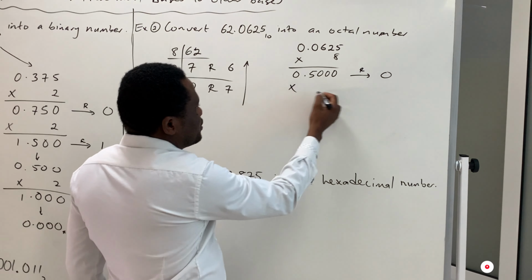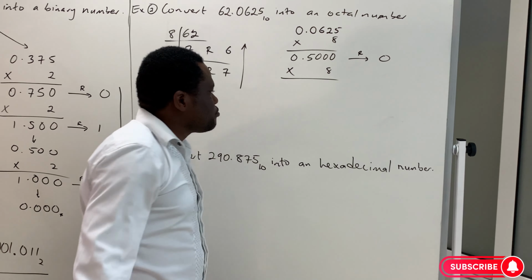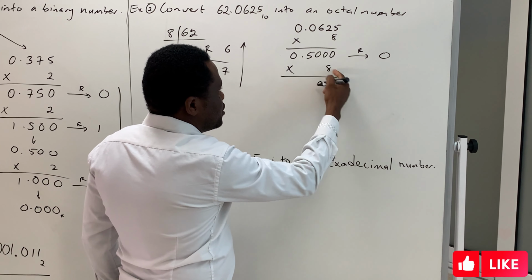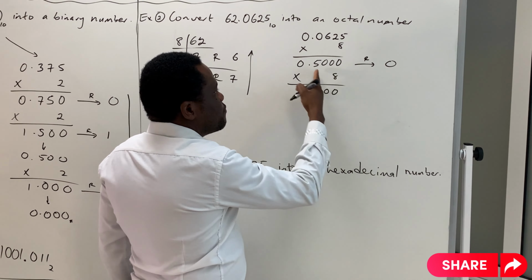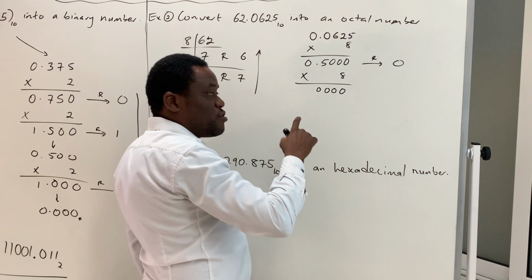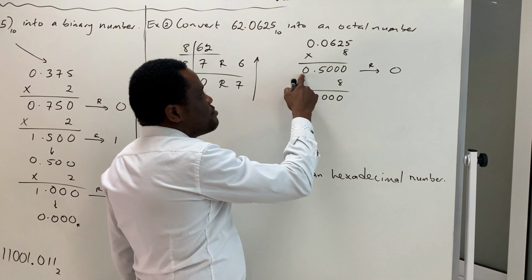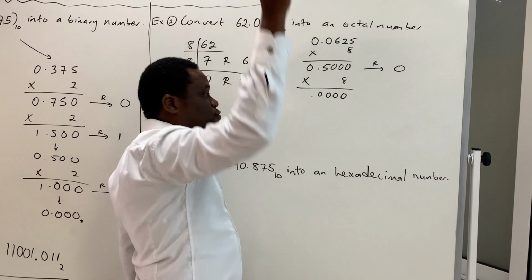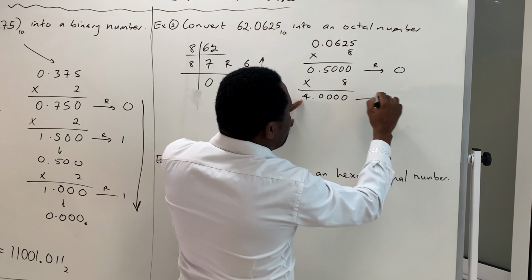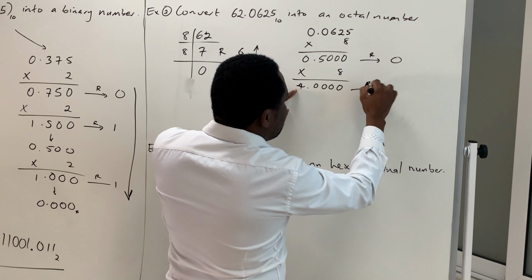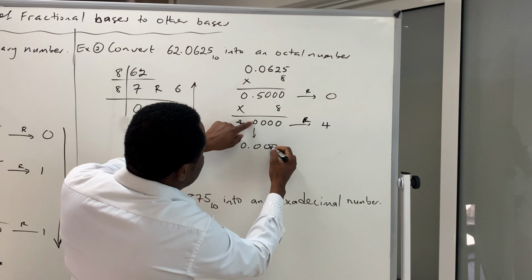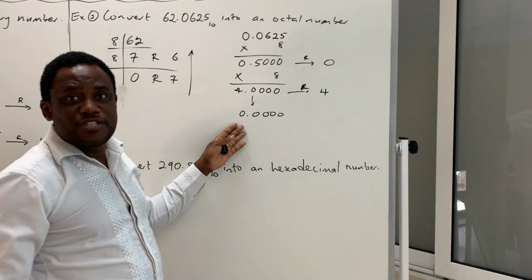Again, times 8. 8 times 0 is 0. 8 times 5 is 40. We write 0, we keep 4. 8 times 0 is 0, plus 4 is 4. What is remaining here is what? 4. So if 4 is out, what is left is 0, which is finished.